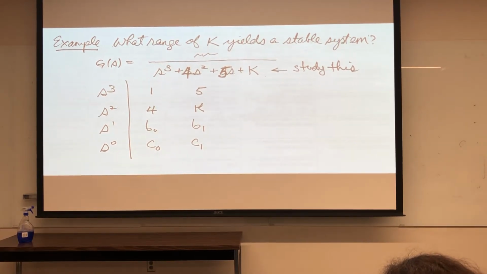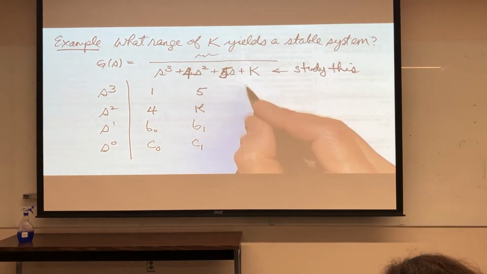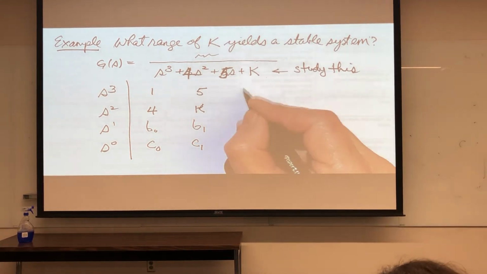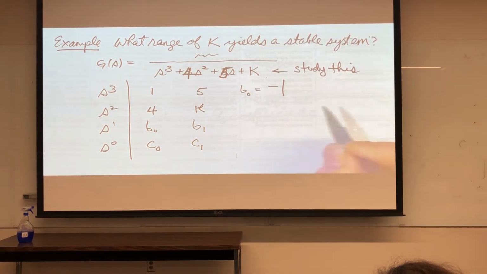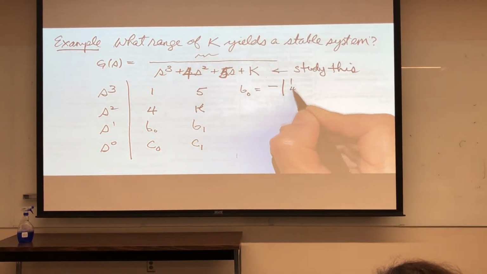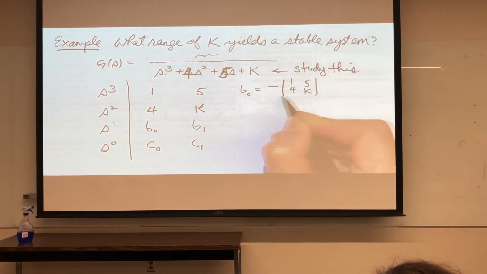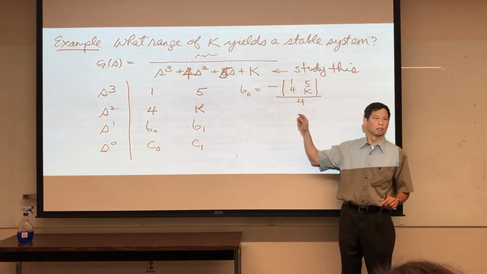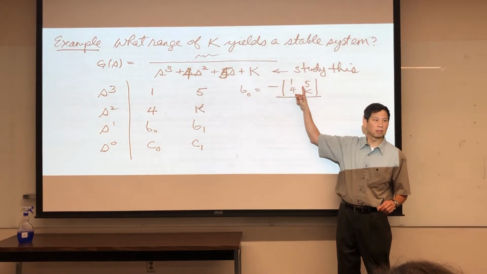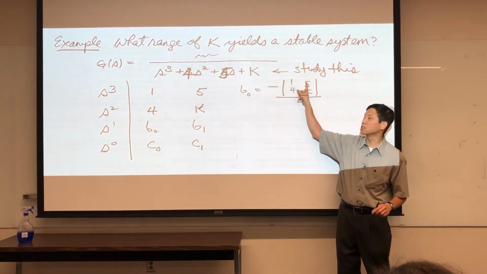All right, let's see if we can squeeze everything in here. Let's do B0. I'm going to just do the scratch work over here. B0 is equal to a 2 by 2 determinant, and I need the numbers 1, 4, 5, and K, and I got to divide by 4. Okay, do we remember how to do a 2 by 2 determinant? This times this minus this times this, right?